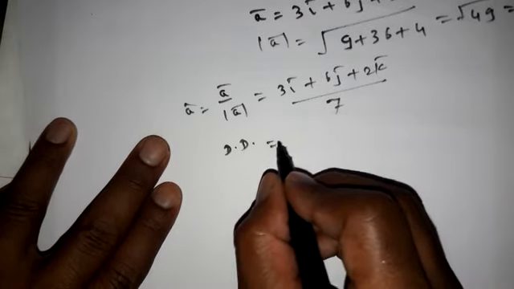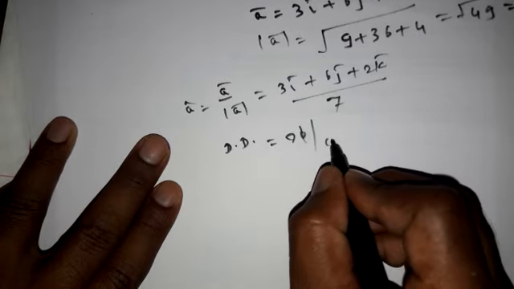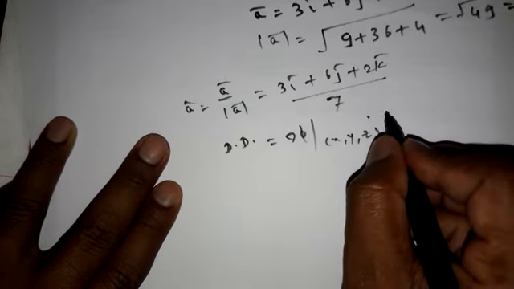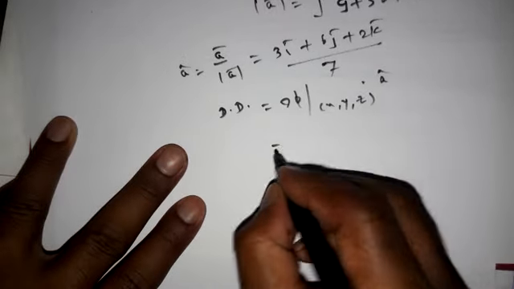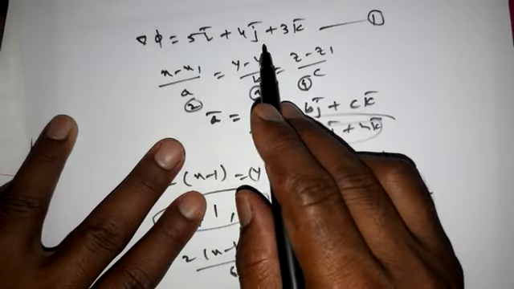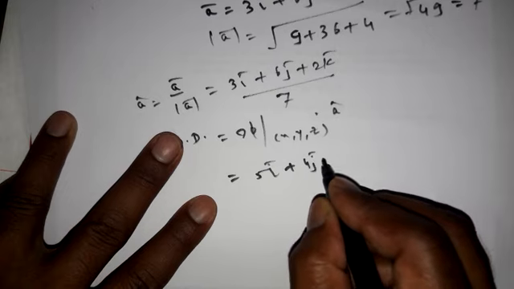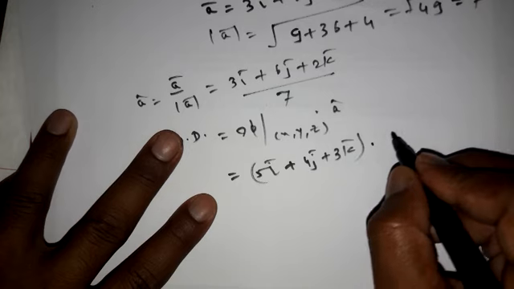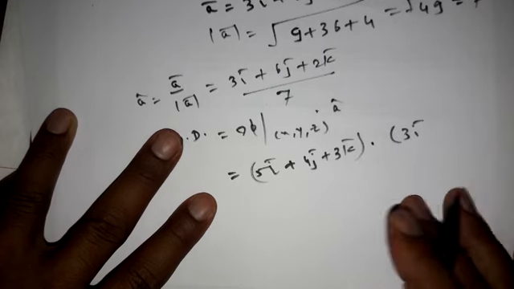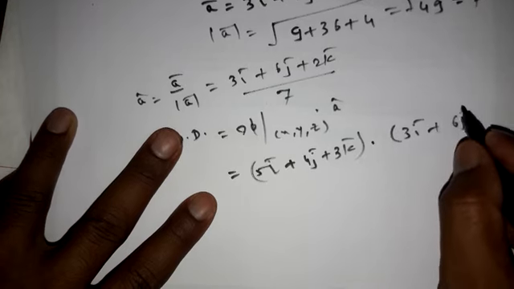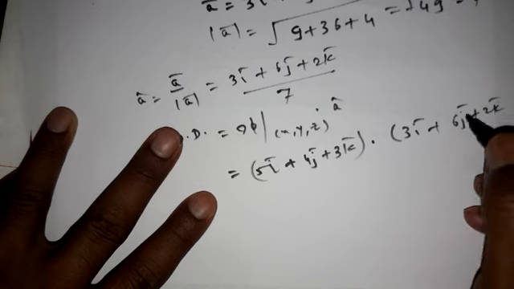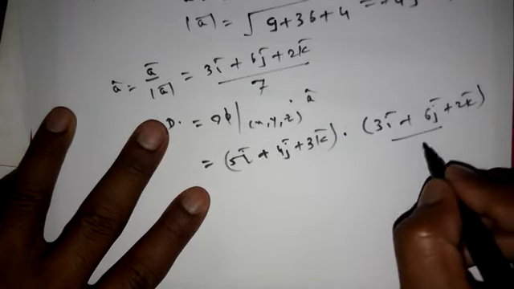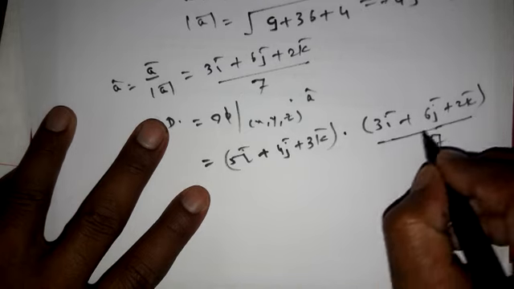Directional derivative is equal to del phi at point (x, y, z) dot a cap, which is 5i bar plus 4j bar plus 3k bar, our first equation, dot with (3i bar plus 6j bar plus 2k bar) divided by 7.